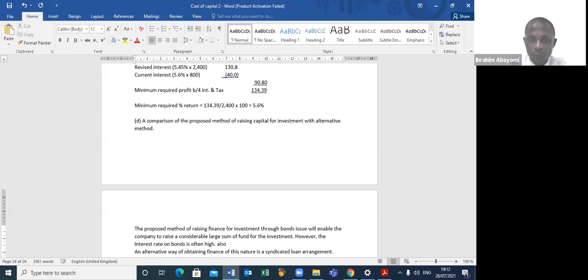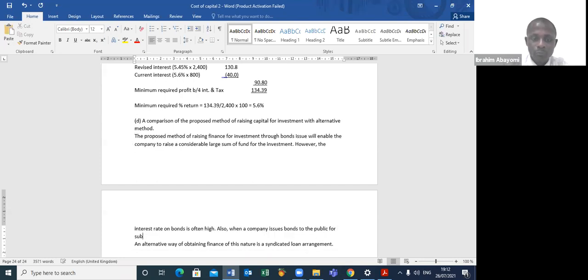Also, when a company issues bonds to the public for subscription, the bond may not be fully subscribed.